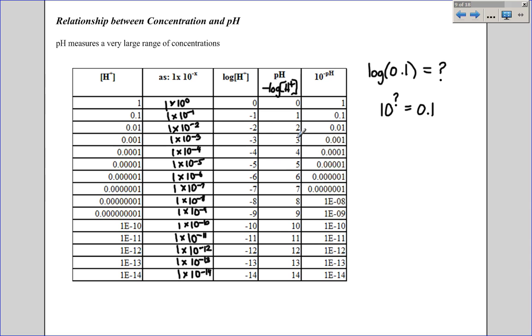Now this covers a really wide range of concentrations, and that's really important to note, because although we might think, oh, we've only moved 1 unit on the pH scale, there's actually a large difference between the concentrations of the H+ ions in the solution.